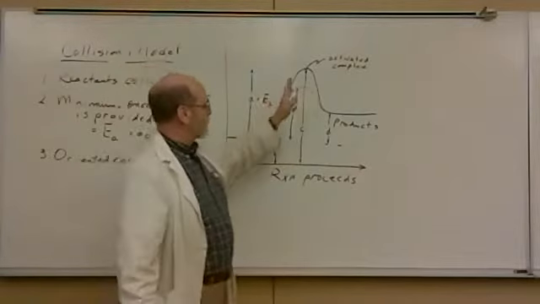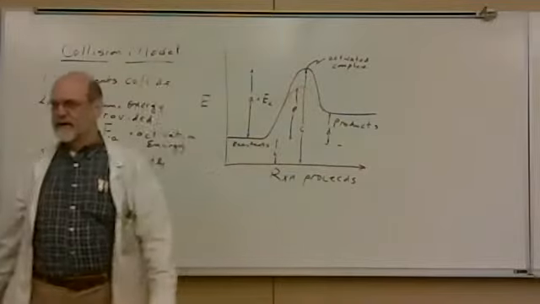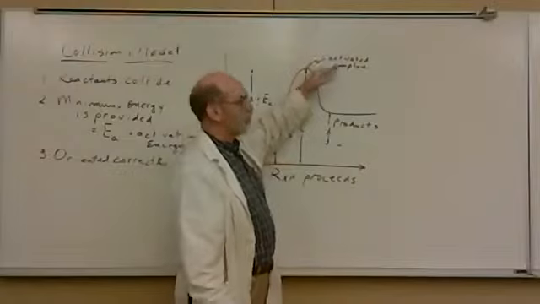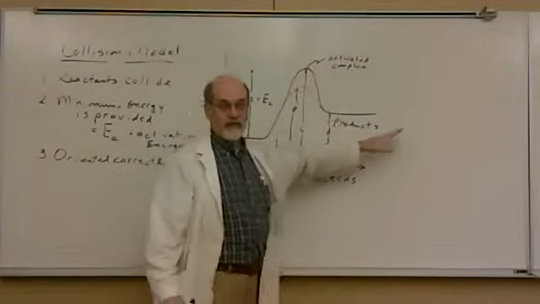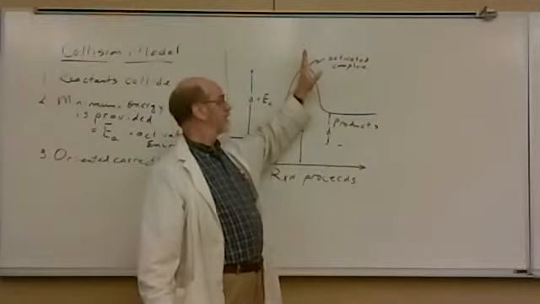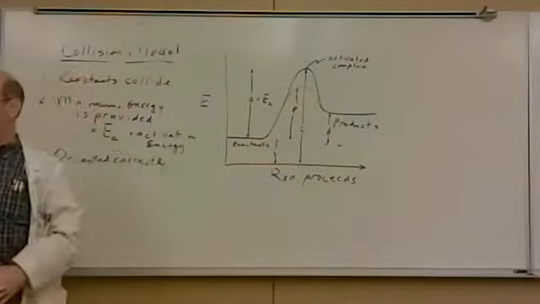So if we have just a microjoule more than required, then it'll go over the hump and down to products. If we have just a microjoule less than required, it'll fall back down toward reactants.